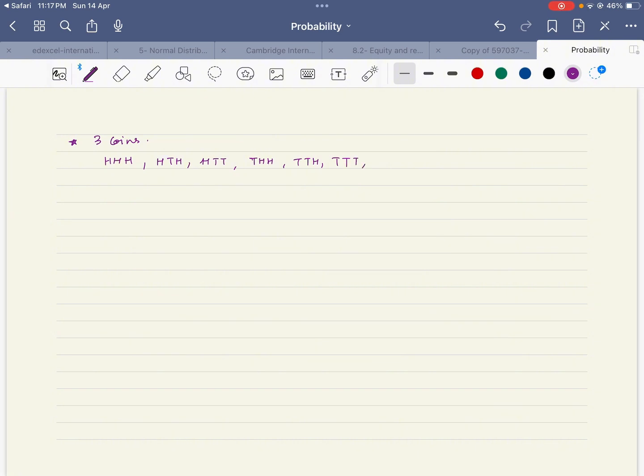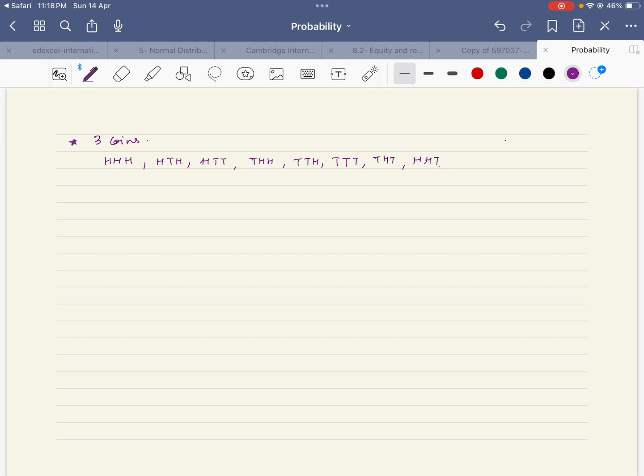Then we have tails, head, tails. Then we have heads, heads, tails, and we will see how many outcomes we can get. 3 coins are flipped how many times? Once, right? These are the possible outcomes.